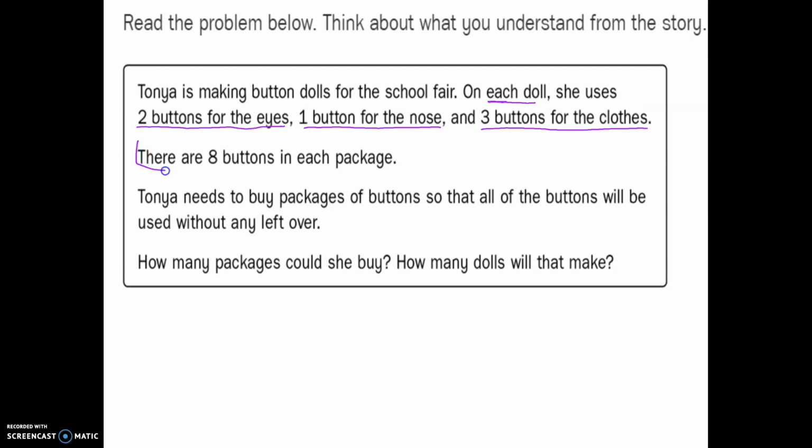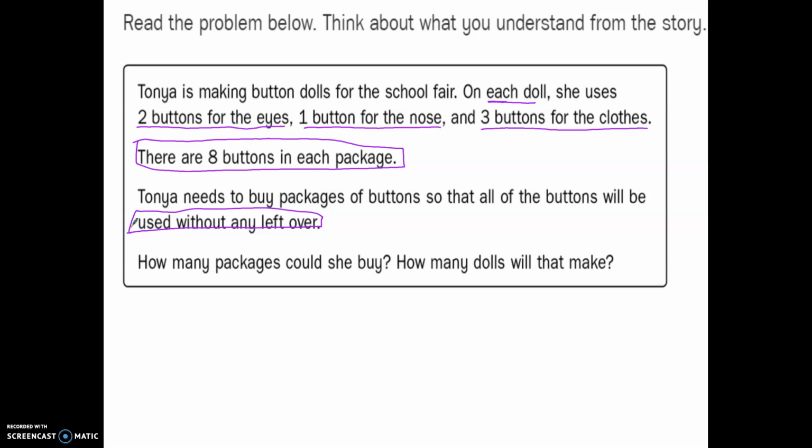We also know that there are 8 buttons in each package. So she needs to buy packages of buttons so that all the buttons will be used without any left over. So that means she needs to keep making dolls until she doesn't have any buttons left over.